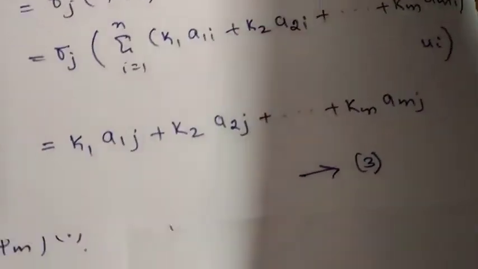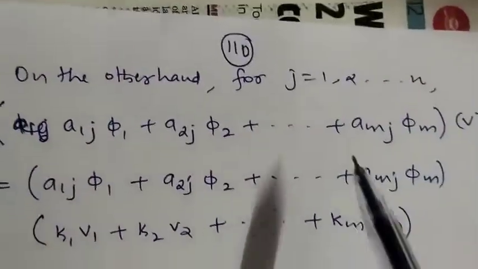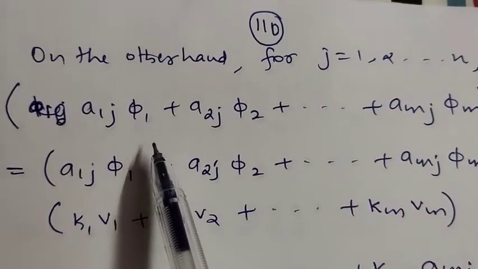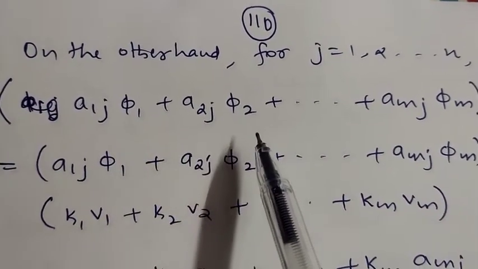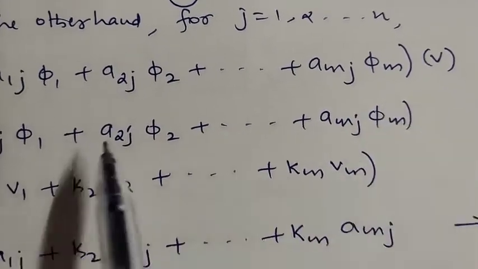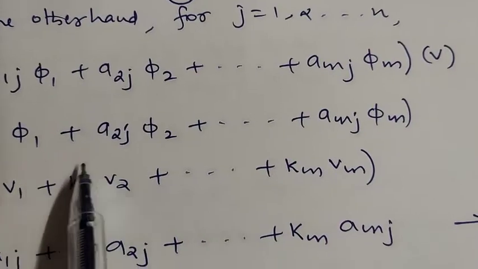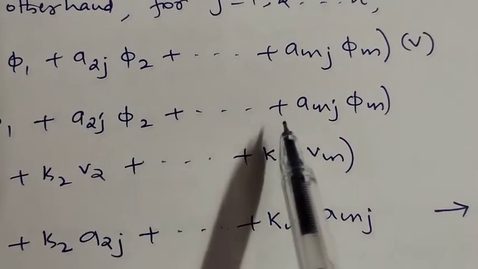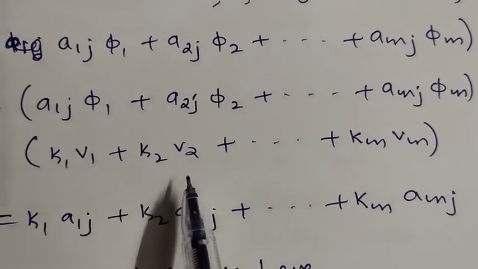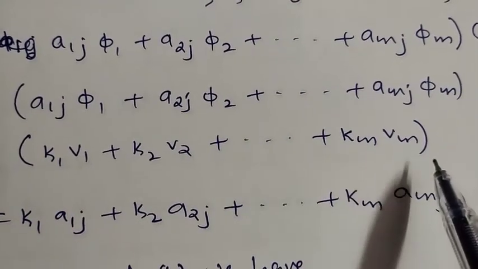On the other hand, for j equal to 1 to n, a1j phi 1 plus a2j phi 2 etc. amj phi m of v can be written as a1j phi 1 plus a2j phi 2 etc. amj phi m of v, which means k1 v1 plus k2 v2 etc. km vm.